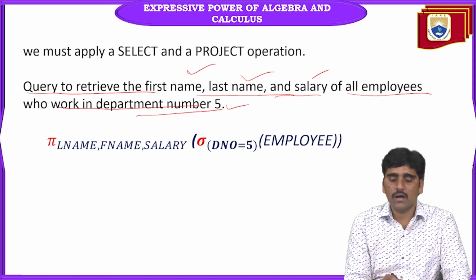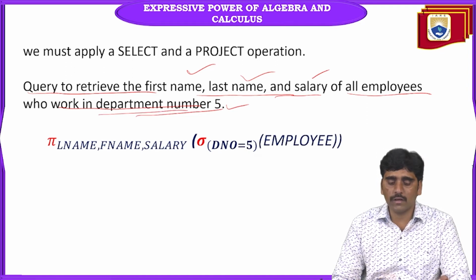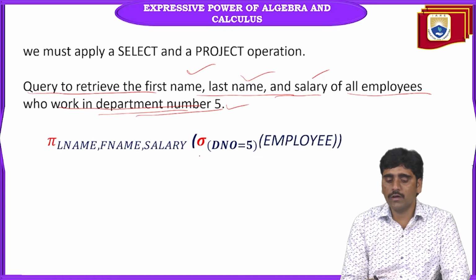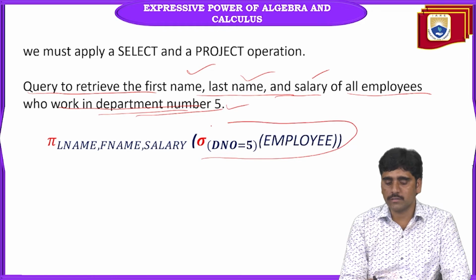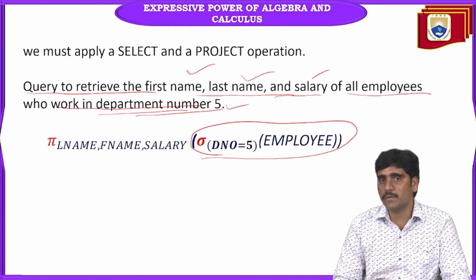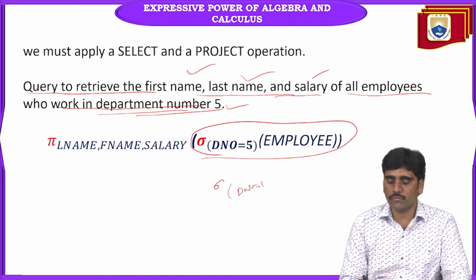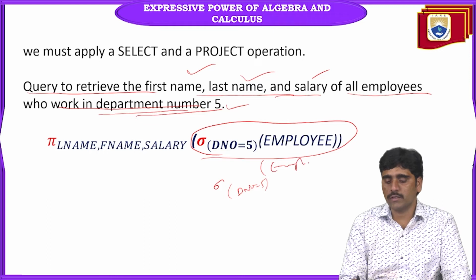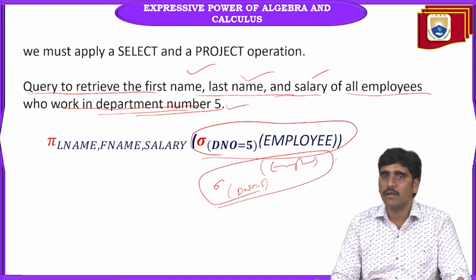First of all we write the selection condition, because we have a selection condition: who work in department number 5. So sigma, department number equals to 5, then the next is employee. Now it displays all the employees under department number 5.